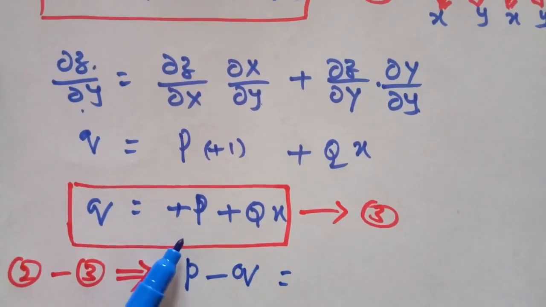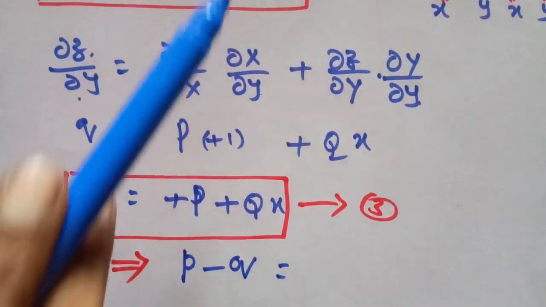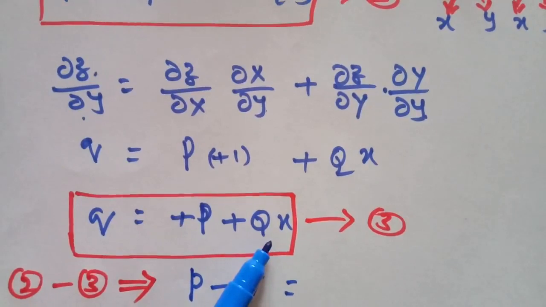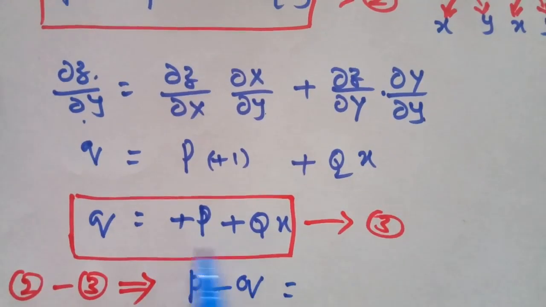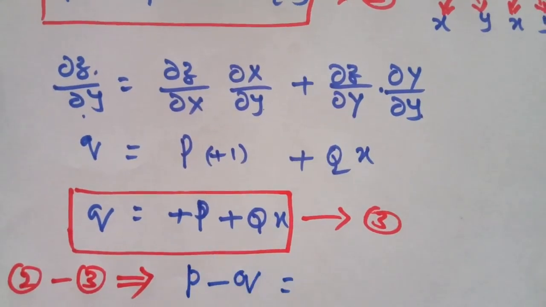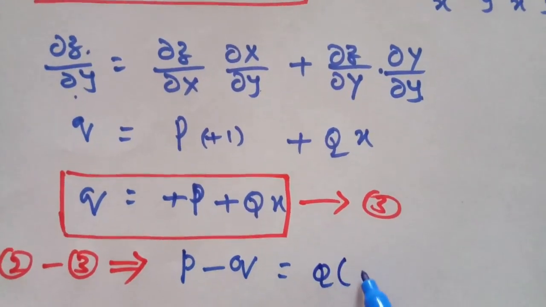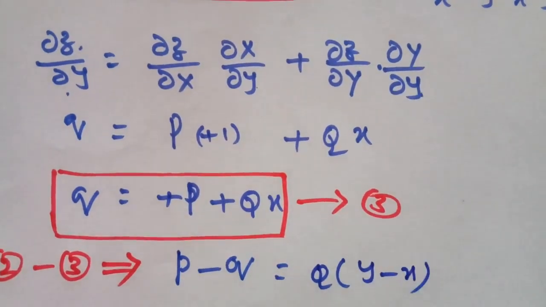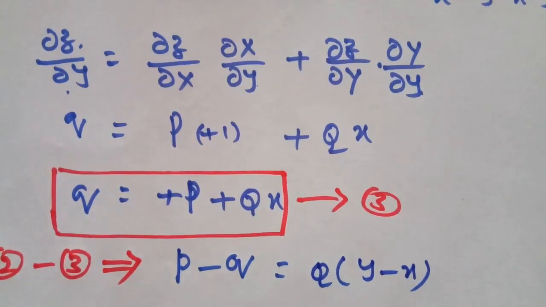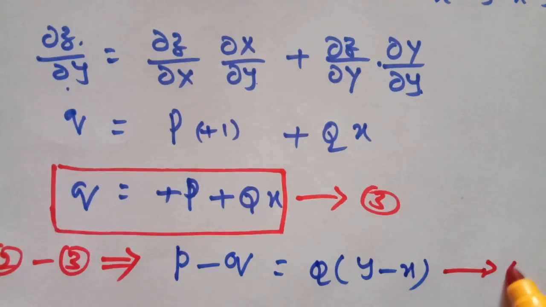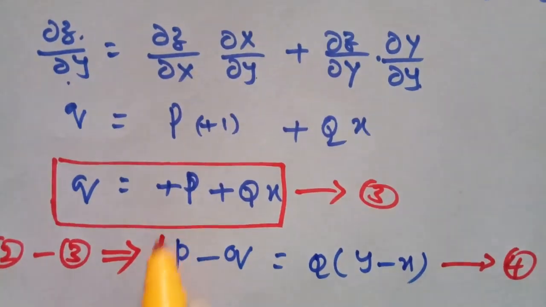This is equal to 0 here. Next, Qy minus Qx. The subtraction signs will be changed, so minus minus. Therefore, this is Q into (y minus x). Say this is equation number 4.